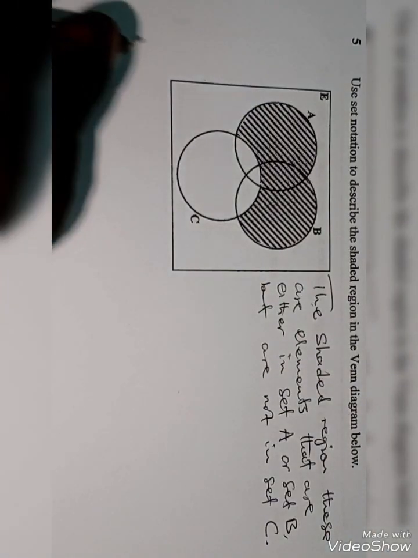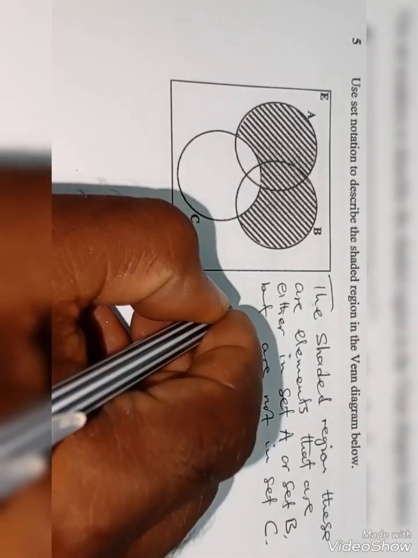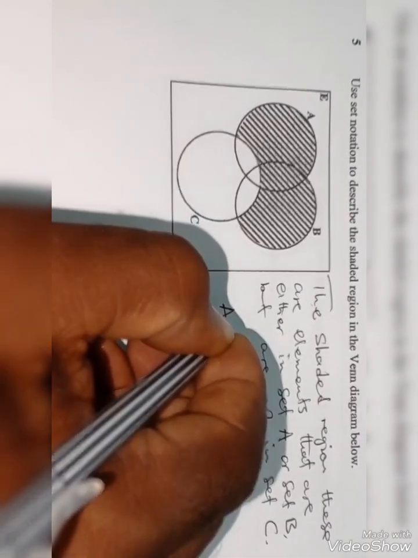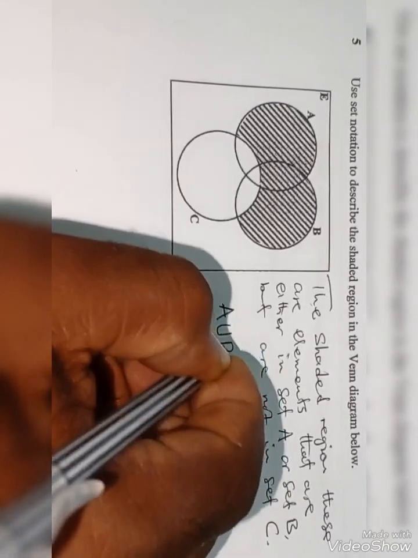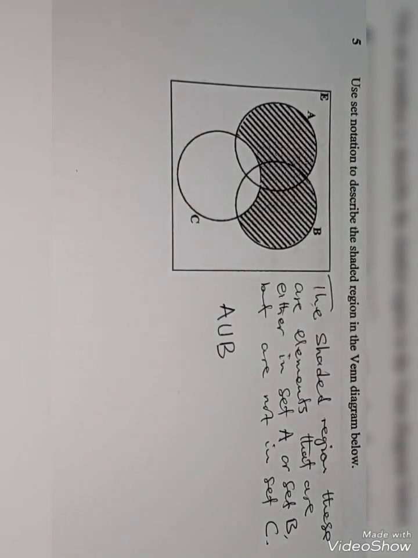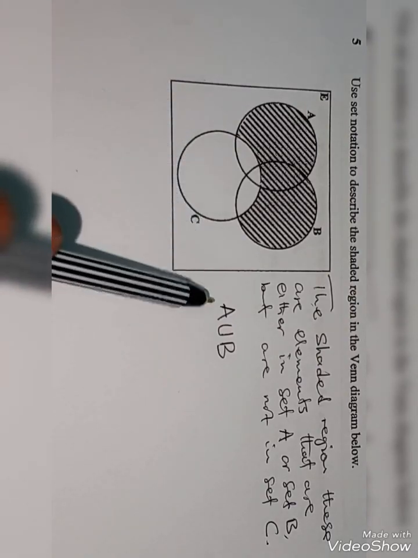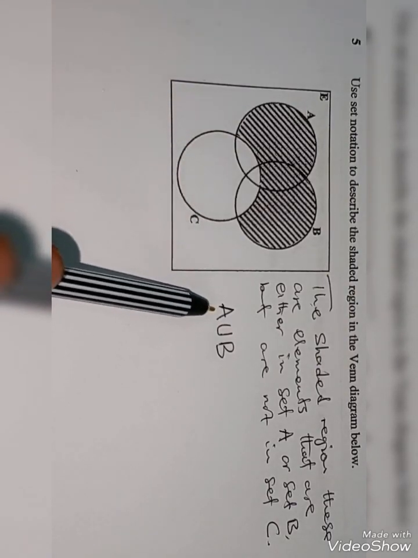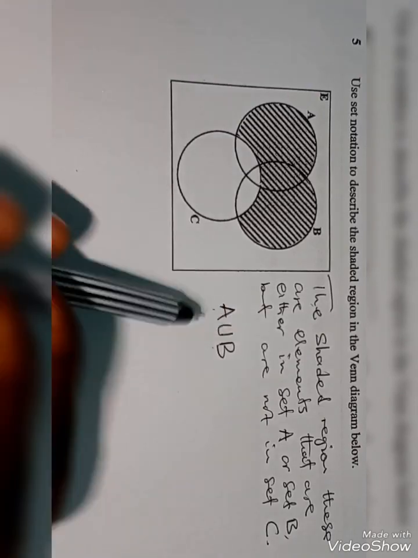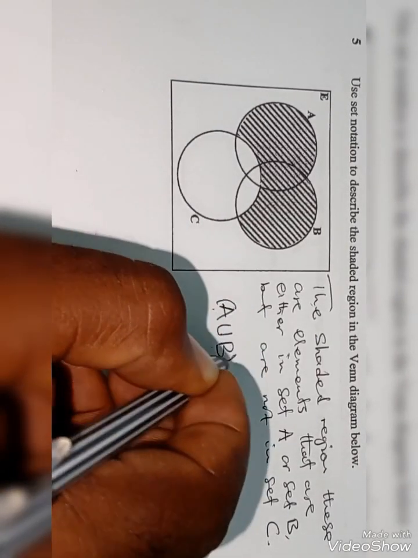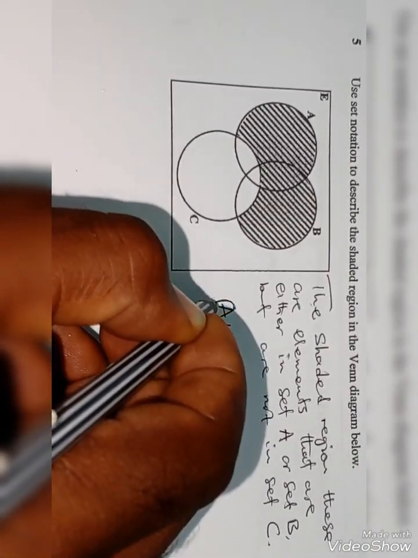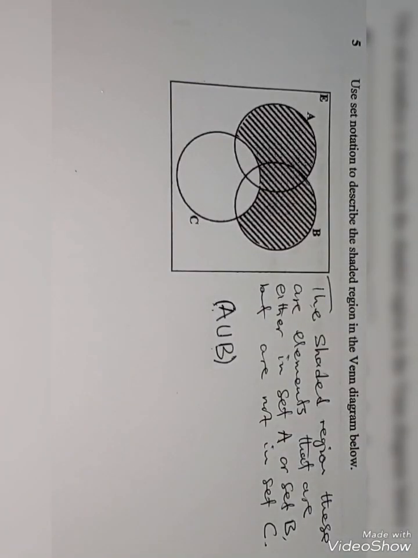So this simply means that it is A union B. Okay? Elements that are either in group A or B. So it will be A union B. I will introduce the brackets. Remember that we are describing the shaded region.